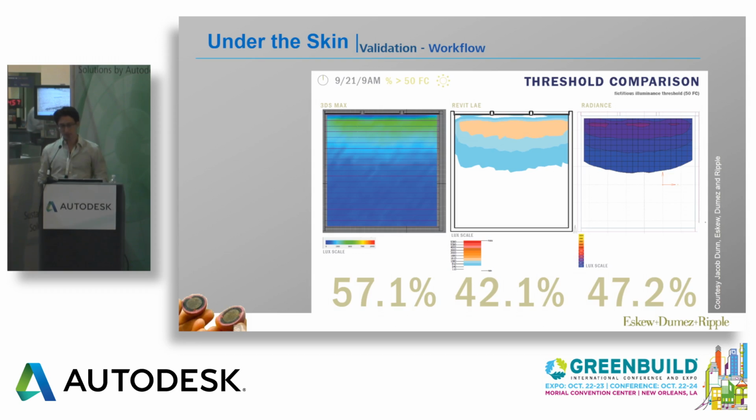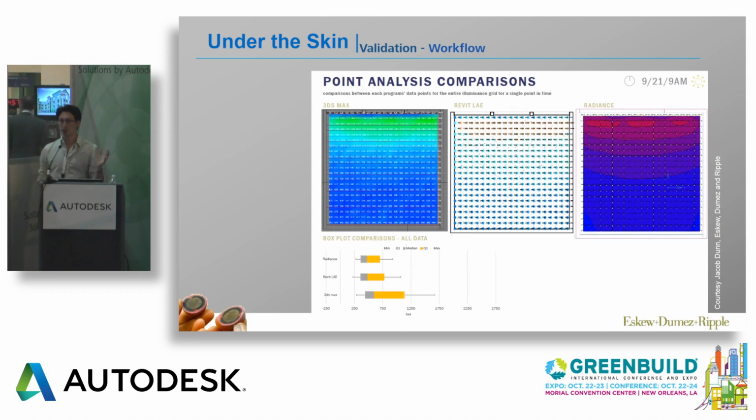And then, so there was the slice analysis, there's the overall threshold, and then we can also do some fairly detailed analysis on all of the grid points, since we're able to open up the back end of the data and get all of the illuminance values of all the sensor points. So we can actually take a look at distributions, error margins, and look at the different statistical analyses as a whole.